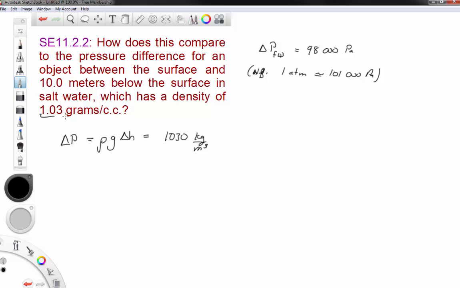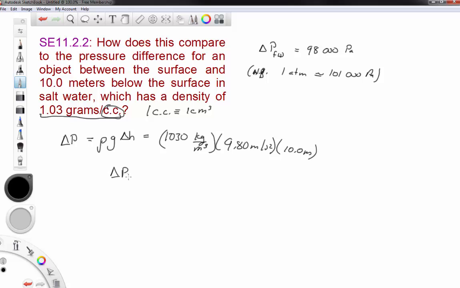Again, this should be in kilograms per cubic meter, and this unit cc is the same thing as 1 cubic centimeter. In fact, cc stands for cubic centimeter. So 1,030 kilograms per cubic meter is the same as 1.03 grams per cubic centimeter. So we multiply that by 9.8 meters per second squared. We multiply that by the depth, which was 10 meters.